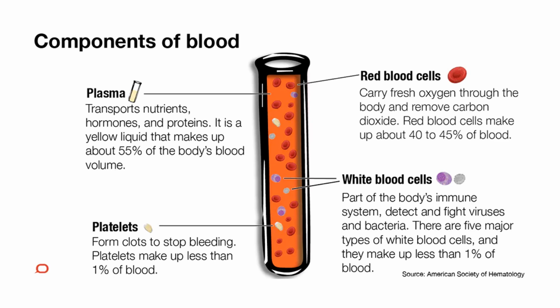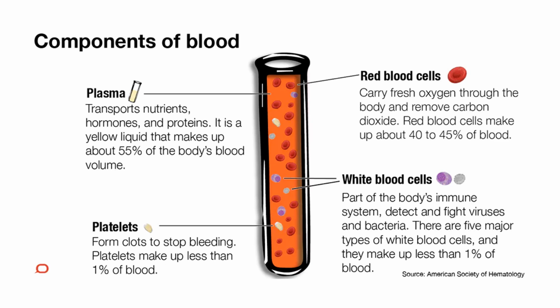Okay, the red blood cells make the next largest percentage. They're about 40 to 45%, and we call that the hematocrit. Okay, and what are they responsible for? Carrying the vast majority of oxygen in the blood to the tissues.